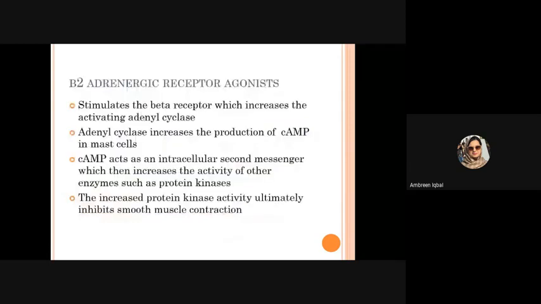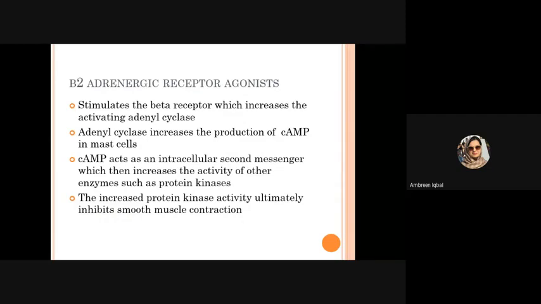So, in detail, the action of beta-2 agonists. As said earlier, there are beta-2 receptors on the lungs, and beta-2 drugs attach to these receptors and stimulate them, and these receptors activate an enzyme named adenyl cyclase.